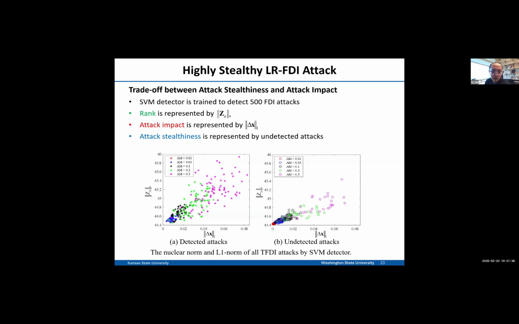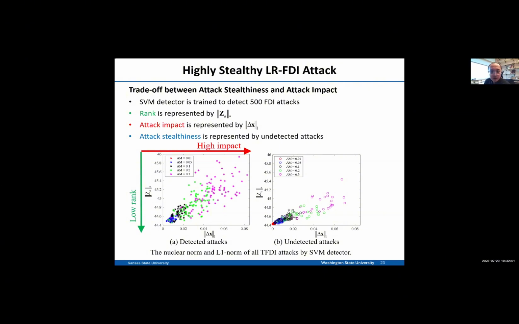We call it the norm space because the y-axis is the nuclear norm, and the x-axis is the L1 norm of the increased voltage. A smaller y value indicates the attack is low rank, and a larger L1 norm of the voltage bias indicates a high impact.